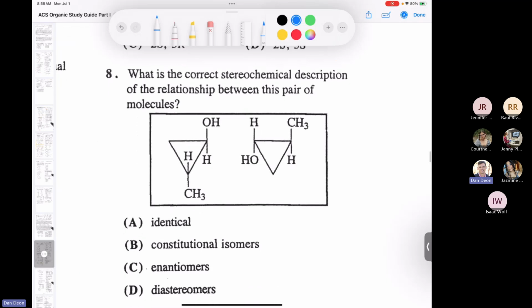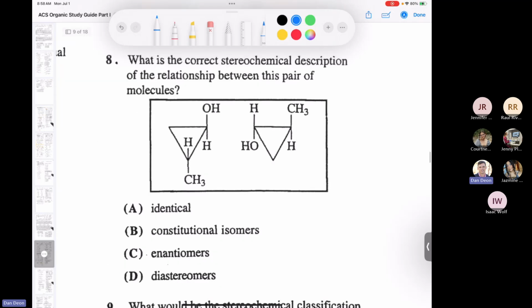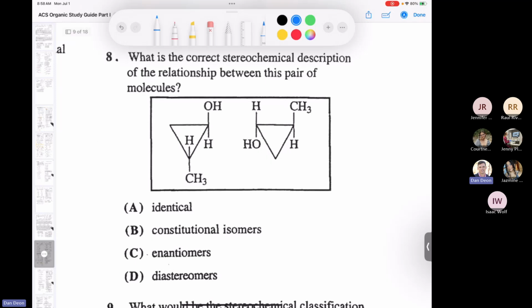Okay, let's try number 8. Hadn't planned on it. What's the relationship between these two compounds? If you look at the first compound, you see that the hydroxyl and the methyl group are trans to each other. So this is trans-2-methylcyclopropanol, and this one here is also trans-2-methylcyclopropanol.